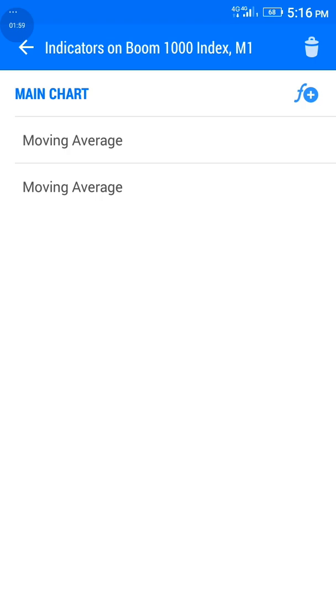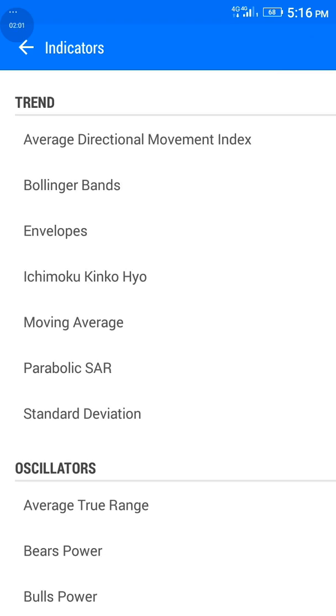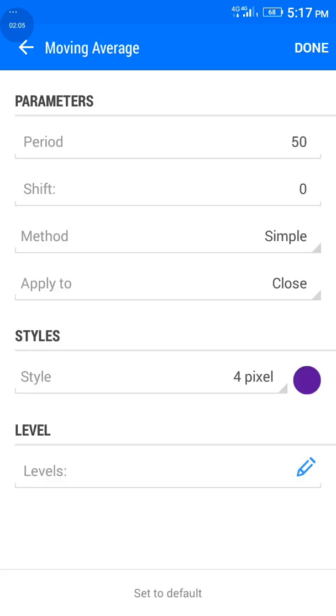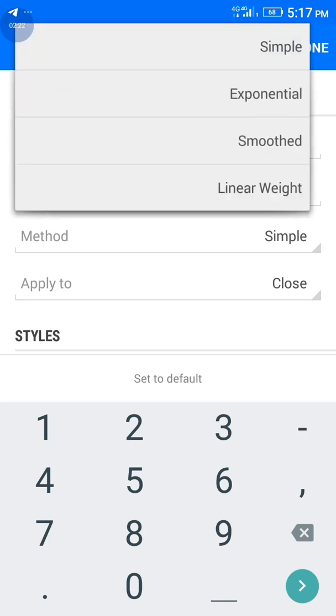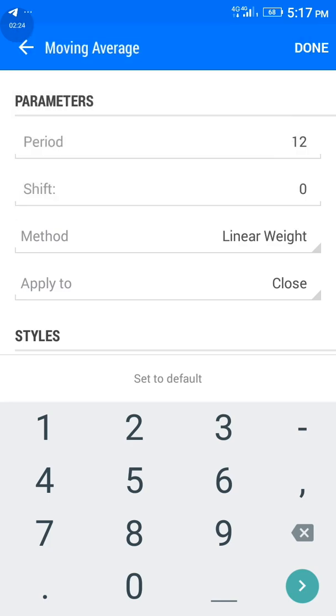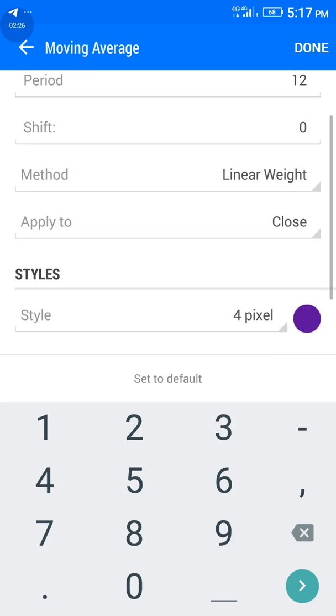The third moving average we are going to add is moving average 12. Moving average 12, shift 0, method should be linear weight. Apply to close.